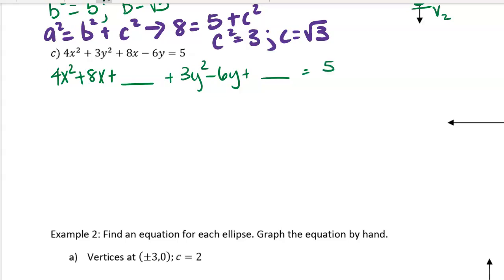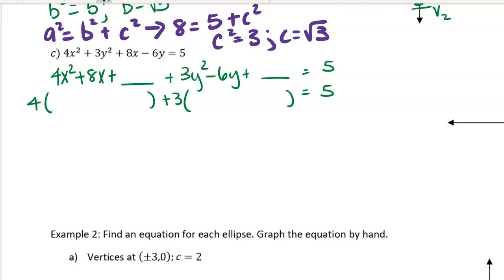Now, before we can fill in the blank space, we have to make sure the leading coefficient is 1. So we will factor out 4 from the x's, and we will factor out the 3 from the y's.